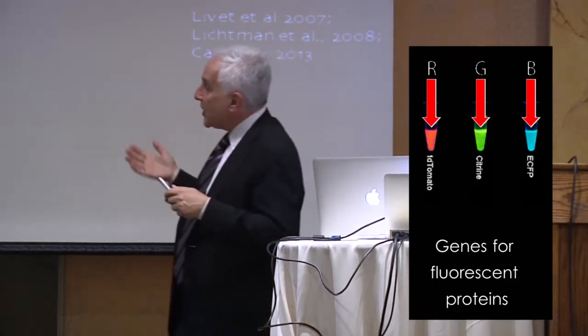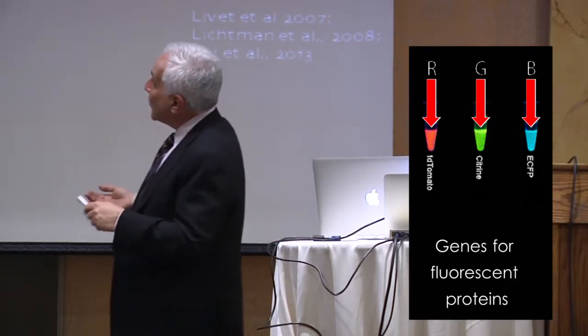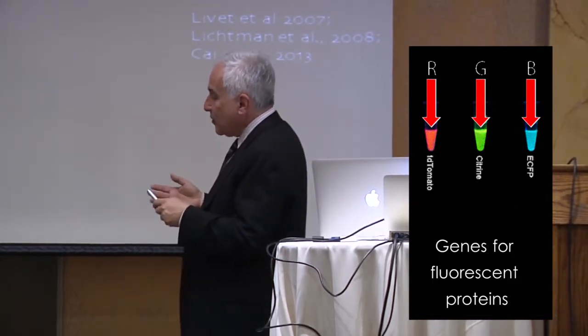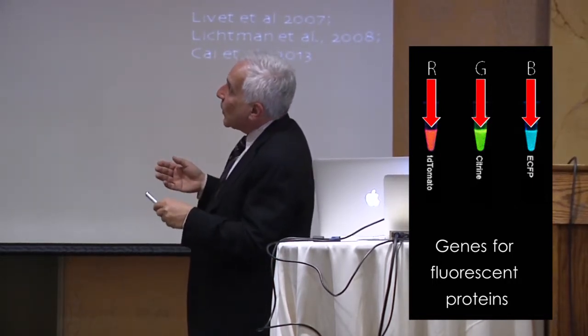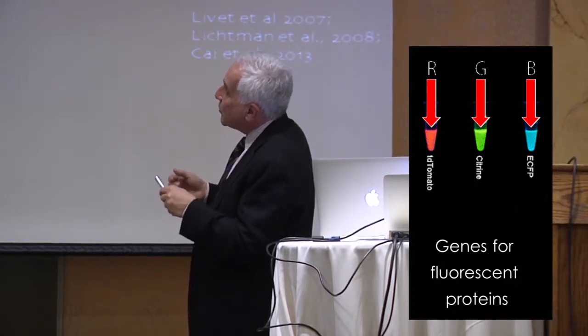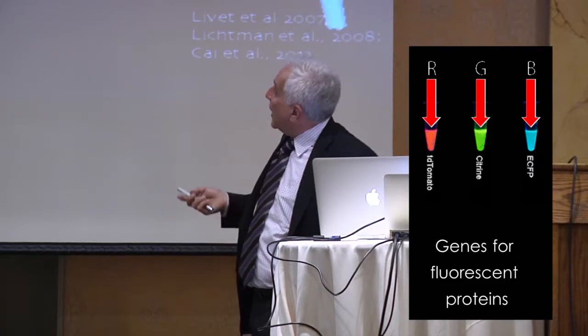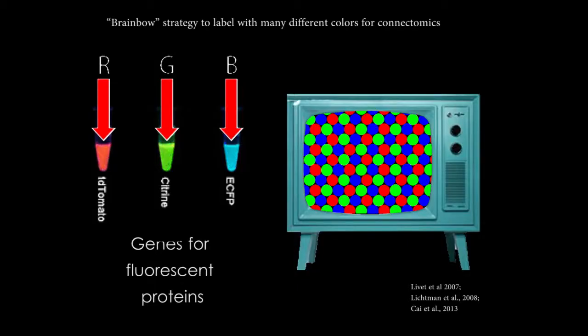But we made mice engineered that have genes for red, green, and blue fluorescent protein, and they are expressed in the nervous system in a way that each cell has a stochastic amount of these 3 proteins. And so each cell has its own RGB signature, and you get all the colors you get out of color television just by mixing different brightnesses of the red, green, and blue pixels in different places.